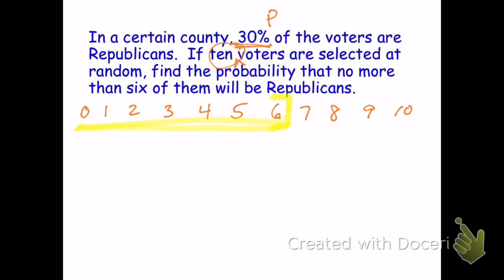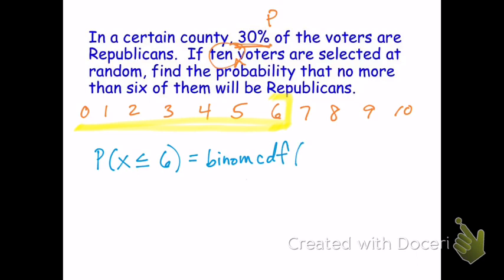That's why sometimes doing the binom PDF doesn't work, because I would have to do it 7 times, which seems like a lot. That's why I like to do CDF. So my probability statement would be the probability that x is less than or equal to 6. So I'm going to do a binom CDF.